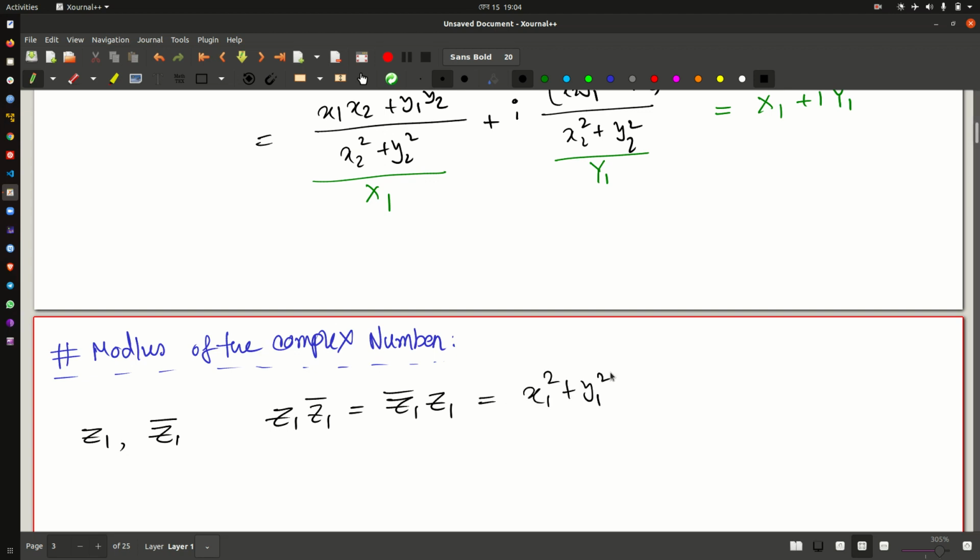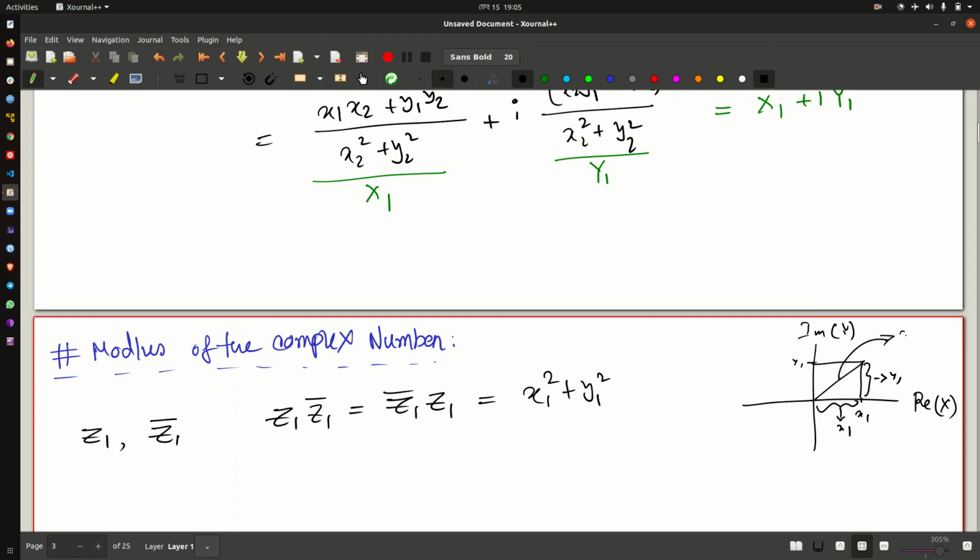And again, if you just make a short graph like this, the imaginary axis, the real axis, that means the x part and the y part, this would be looking something like this. This is just Pythagoras' theorem. This is our x1, this is y1, and this is the hypotenuse. There should be a square root by Pythagoras' theorem. So this distance squared is denoted by x1 squared plus y1 squared.